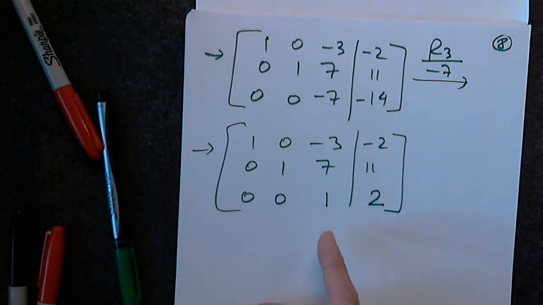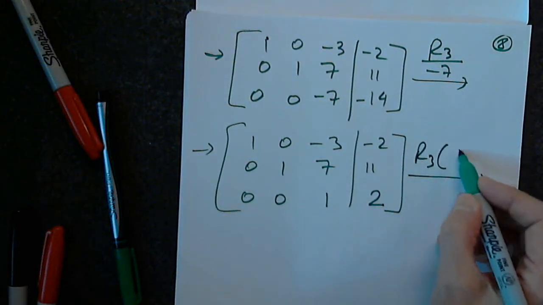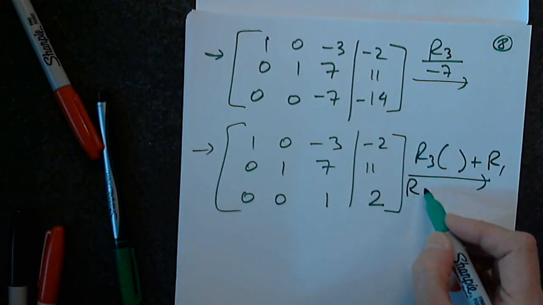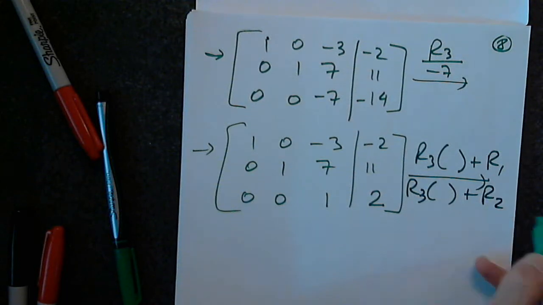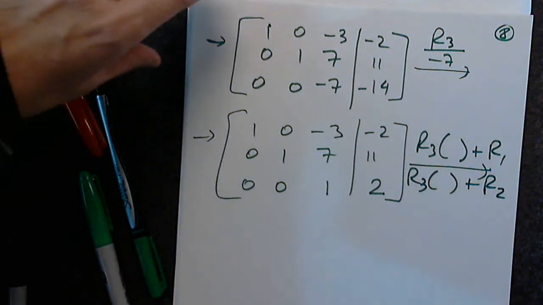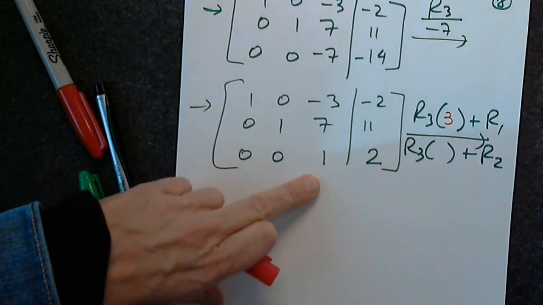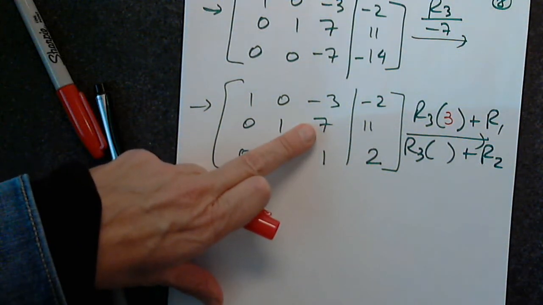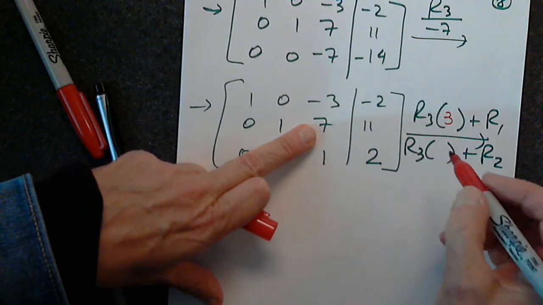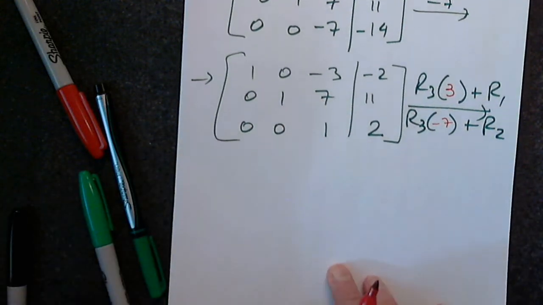-7 divided by -7 is 1. -14 divided by -7 is 2. Now, of course, I have to use row 3 twice. What do I multiply row 3 by and add it to row 1? Very good. What do I multiply row 3 by to add it to row 2? Very good.